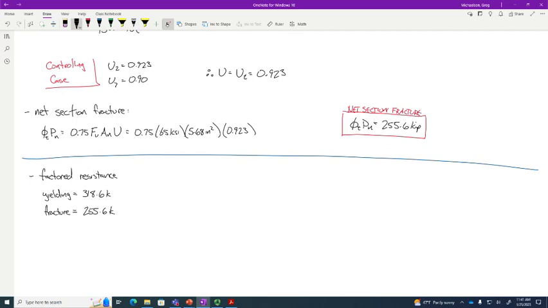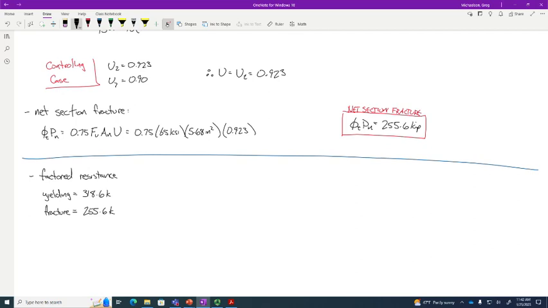What's the answer? The smaller one, right? Because if I start pulling this, 0 kips, 1 kips, 2 kips, 3 kips, 4 kips, 5 kips, 6 kips, keep going, I'm going to hit this number first, right? So what this is saying is that it is going to fracture at this load and yield at this load.